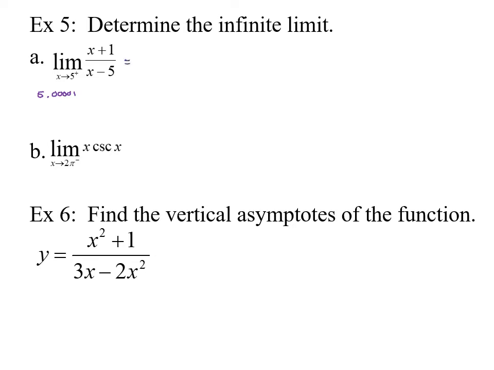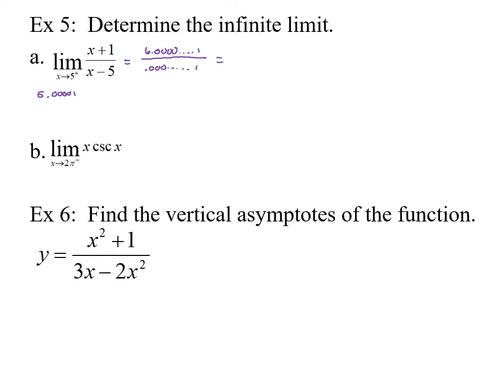So what does that actually mean? If you were to plug a number really close to 5 into this function, well, that number plus 1 is going to end up being 6.0000... Eventually, you get a 1 on the end. What's more important, though, is that on the bottom, if you were to plug this in, you would get 0.000... a whole bunch of zeros and then a 1.